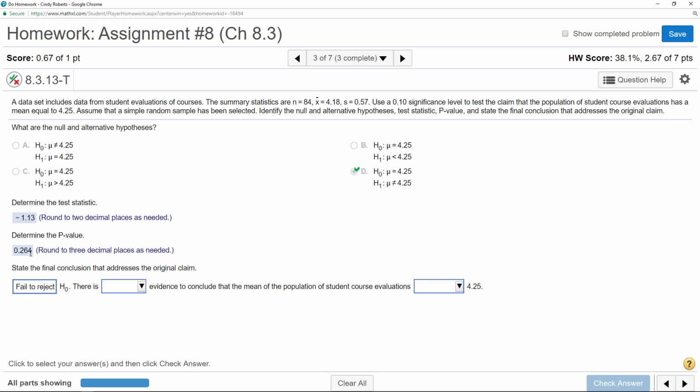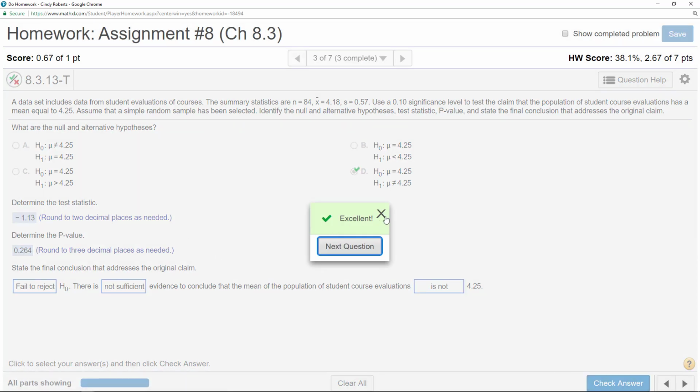It says the probability I would expect to get a sample with a sample mean of 4.18 based on what they tell me is not high, but it's higher than my significance. So in other words, there's not sufficient evidence to say that their student course evaluation mean is different. So you're basing this off of the alternative hypothesis.